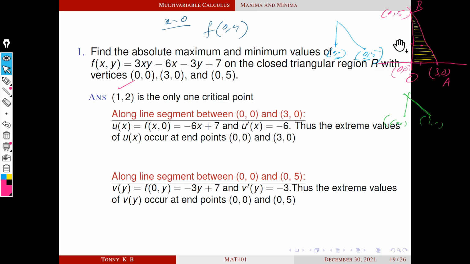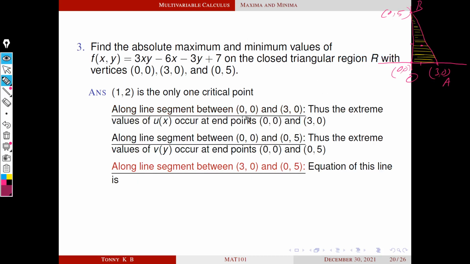Okay, then we have one more edge, that is AB. So next we have to check the nature of this function along this AB. First we have to find the equation of this line segment. What is the equation of the straight line passing through (3, 0) and (0, 5)?